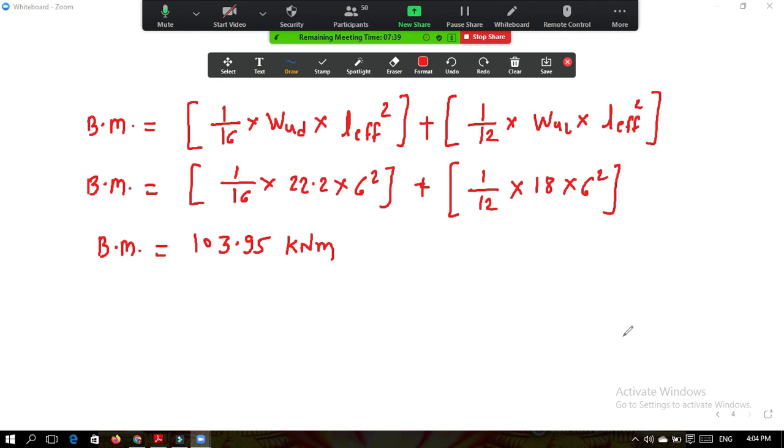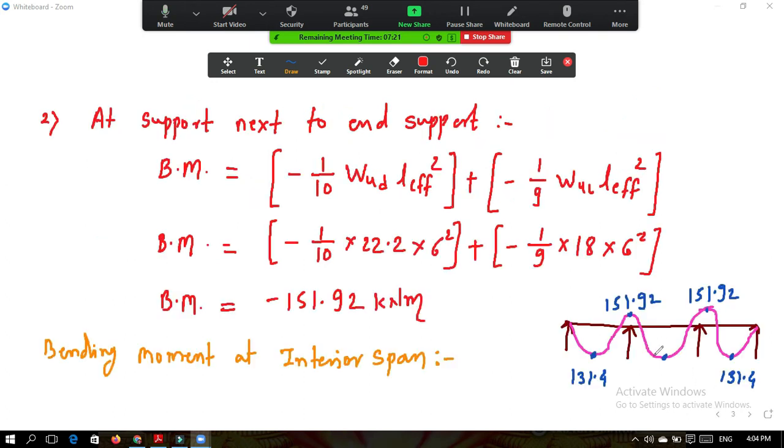Okay, so for the maximum moment, maximum positive moment, we will provide the steel. So here, what we are going to do now? This 103.95, if I show you the value here, this value is now 103.95.